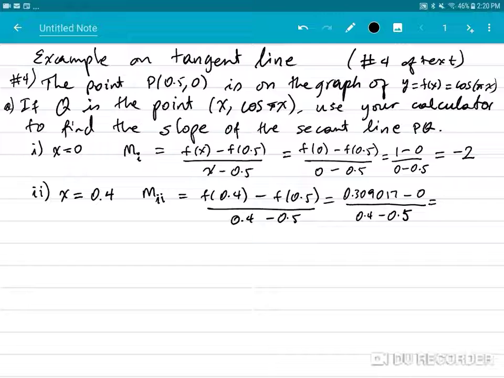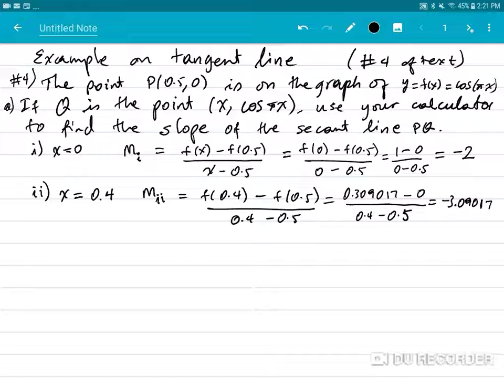So that gives me negative 3.090170 to 6 decimal places.